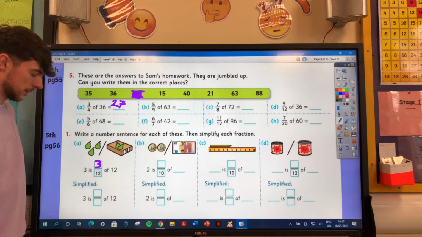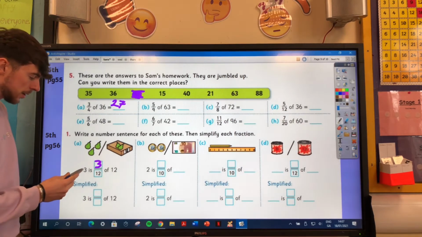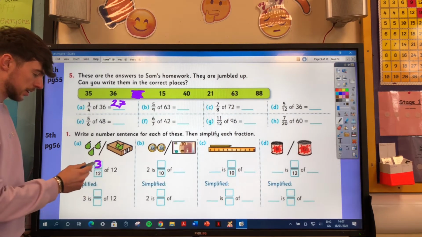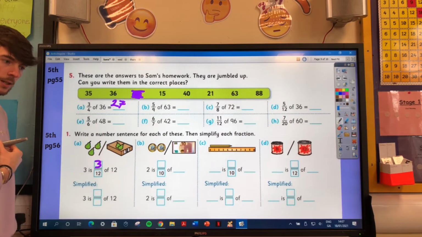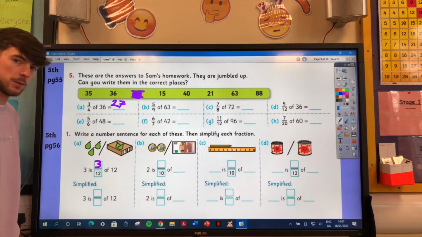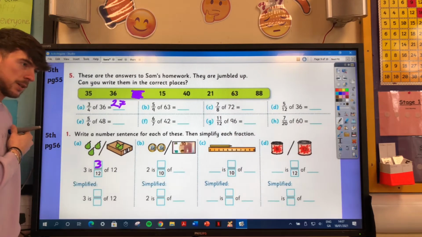3. Right? Okay, so how can we simplify this down? What number can divide into 3 and divide into 12 evenly? Can we divide 3 by 2? No. Can we divide 3 by 1?